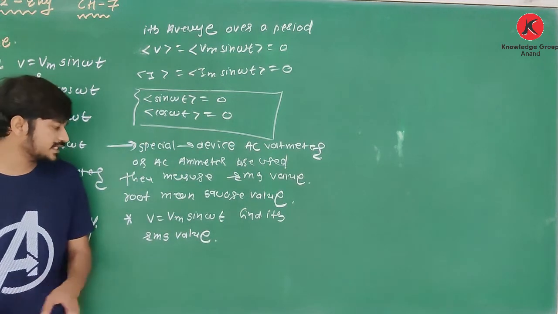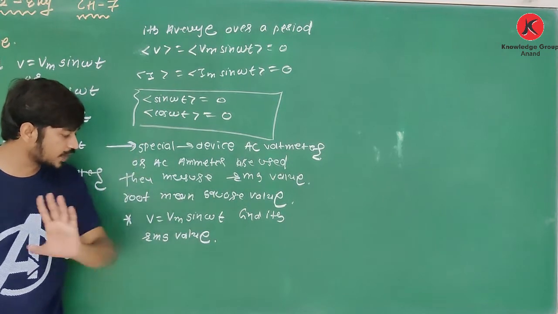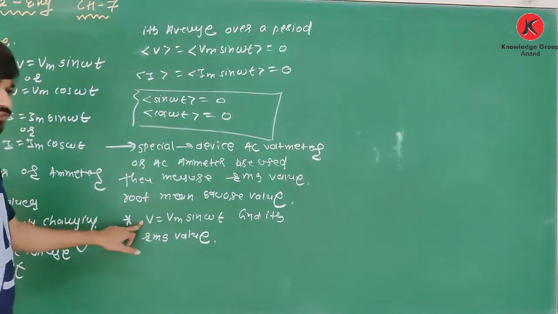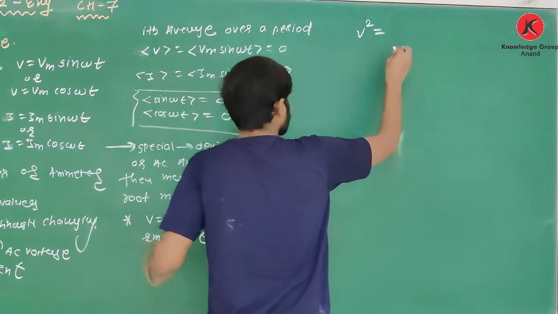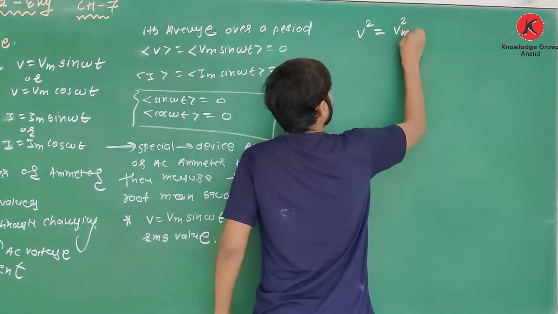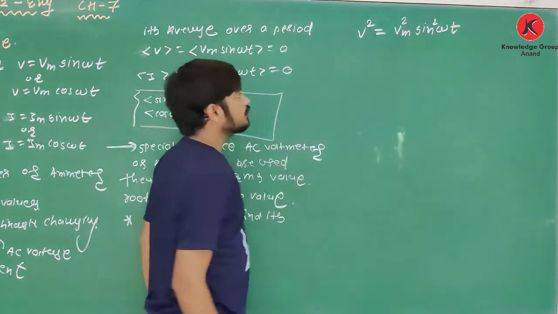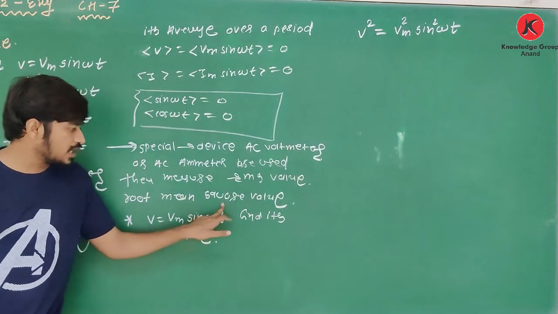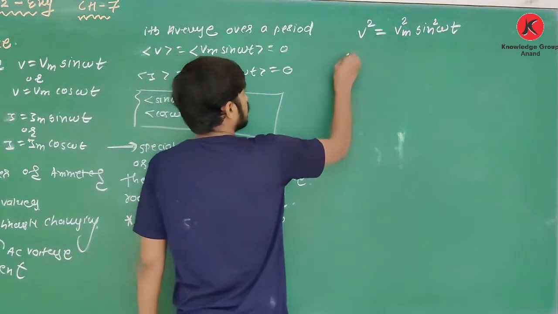Yes, RMS, root of mean of square. So the first step is square. You have to take the square of this. So V² = Vm² sin² ωt. Yes, you know this. First of all, you have to take the square. Now we have to find the mean, means the average over a period.